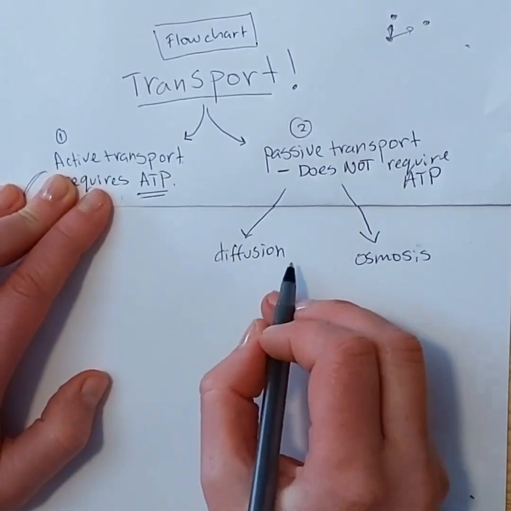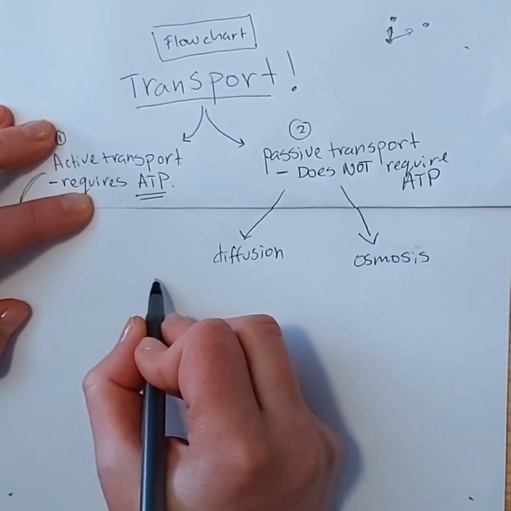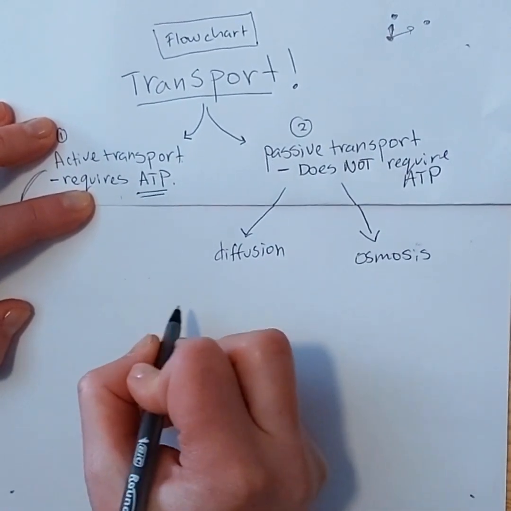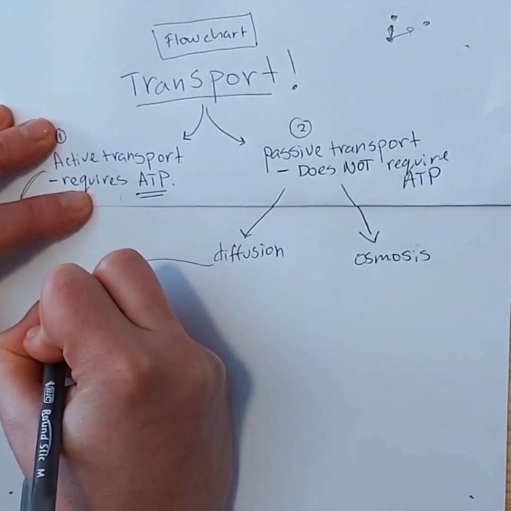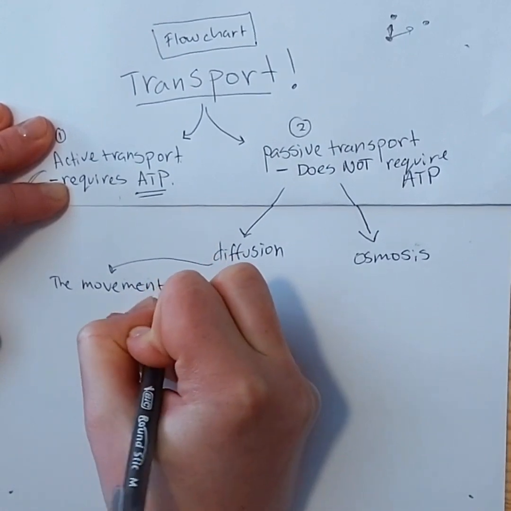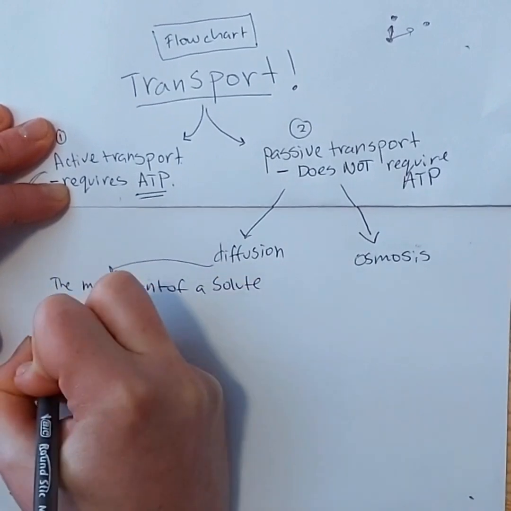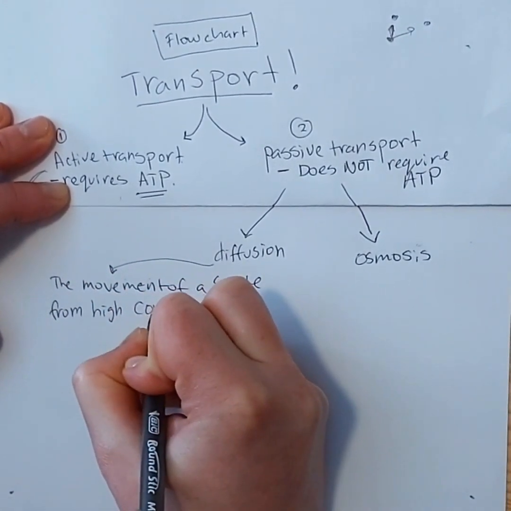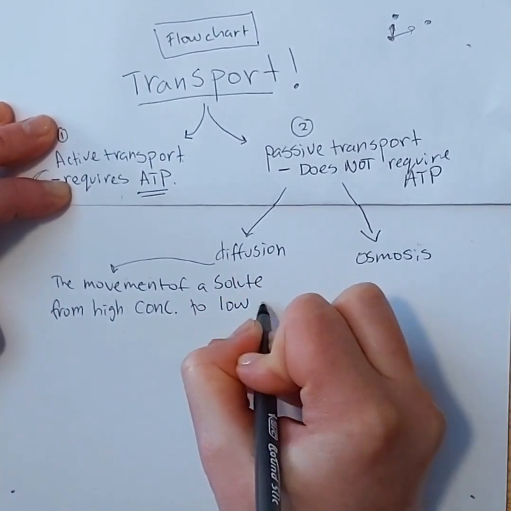Let's talk first about diffusion. Diffusion is the movement of a solute from a high concentration, I'm again going to abbreviate that, to low concentration.